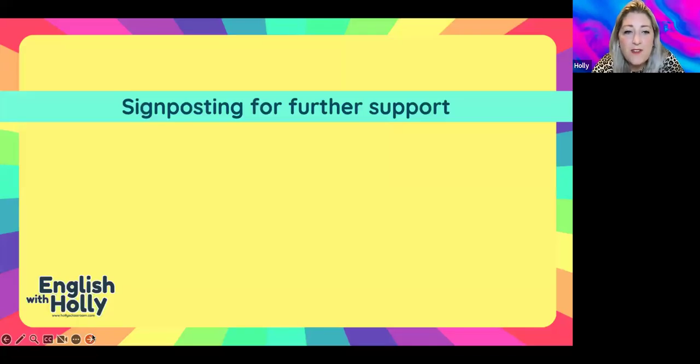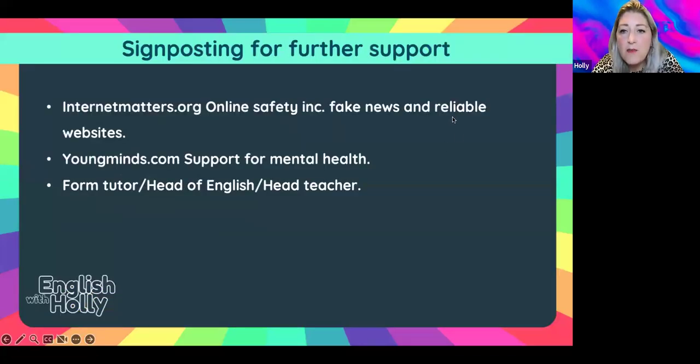So, signposting for further support. These are included in the, I'm just going to have somebody removed from the session.